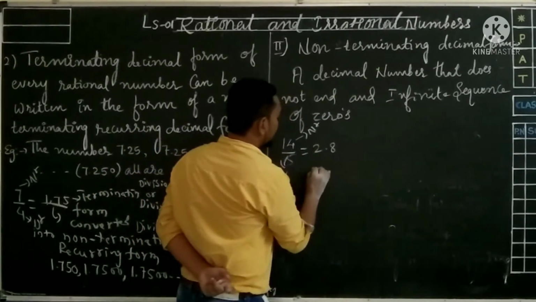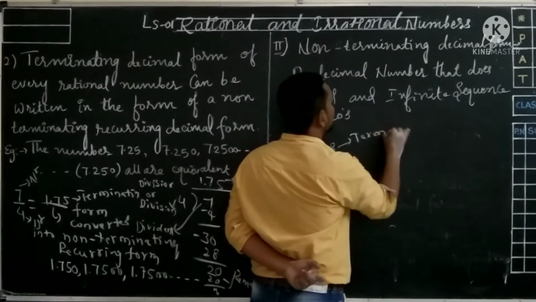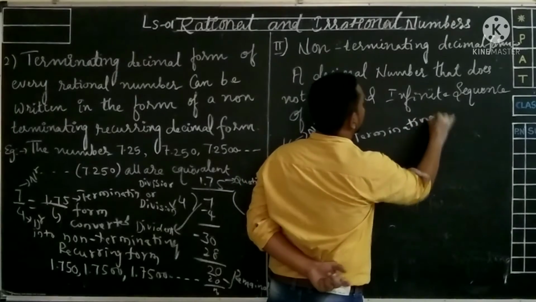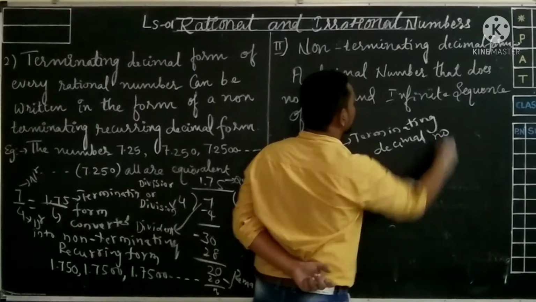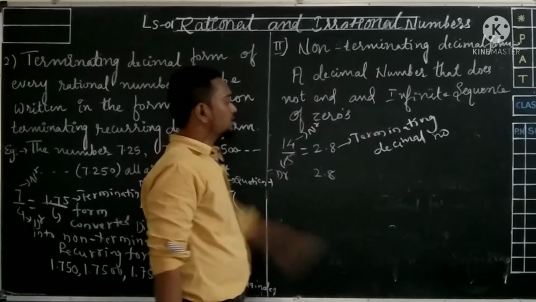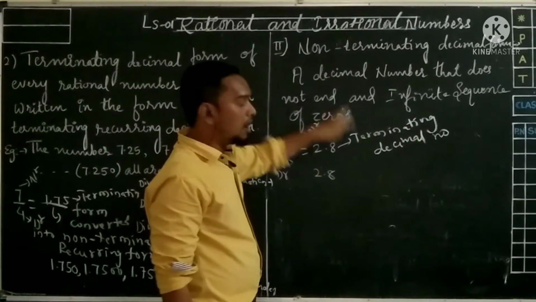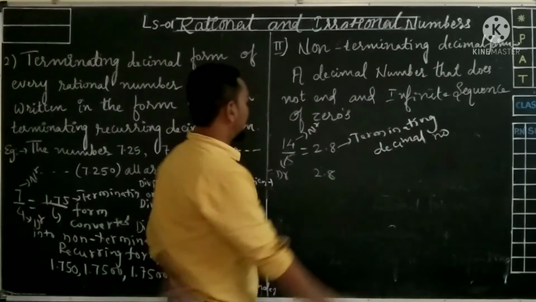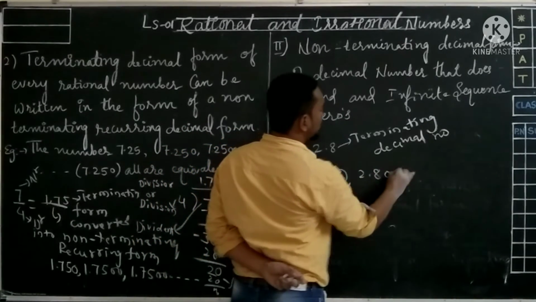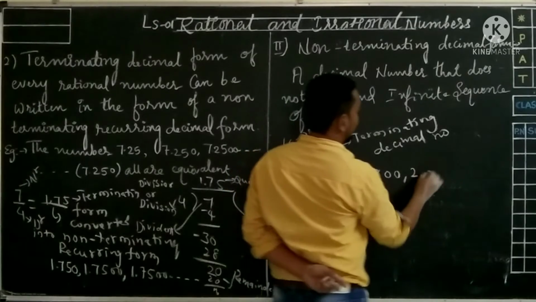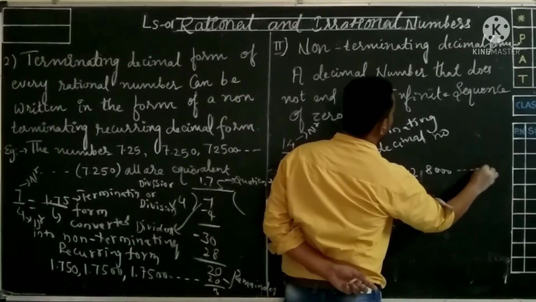Here 2.8, a terminating decimal number, is converted into 2.80, 2.800, 2.8000 and so on up to infinity.